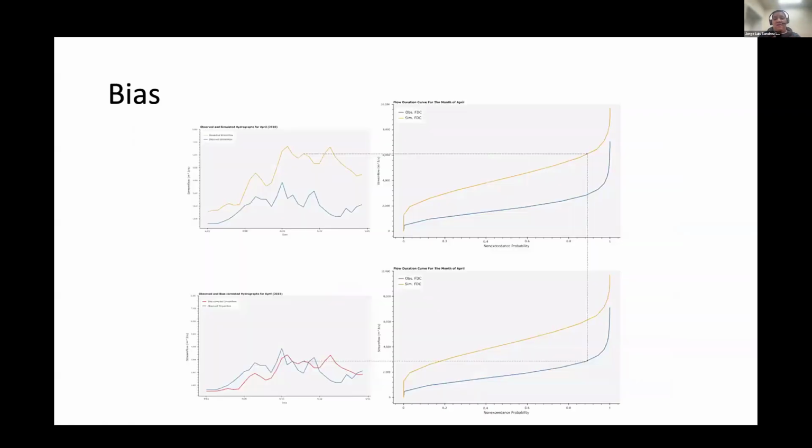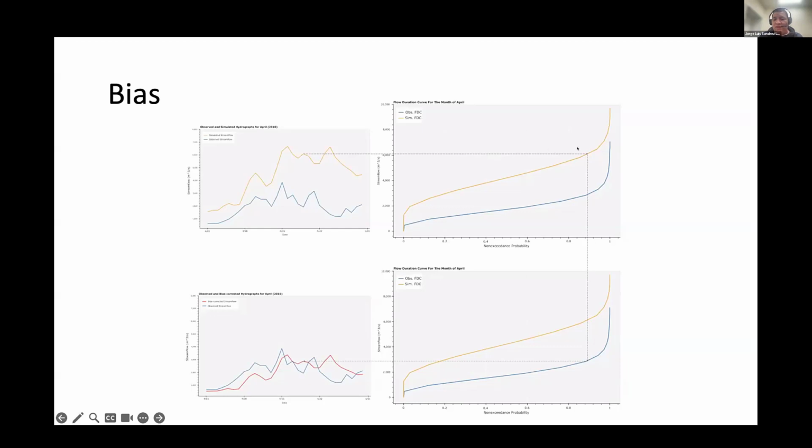And we found that the model generally replicates the shape of the hydrograph, but it doesn't have the correct magnitude. It's mostly a bias problem. So we developed a bias correction method that uses the simulated and observed flow duration curves.